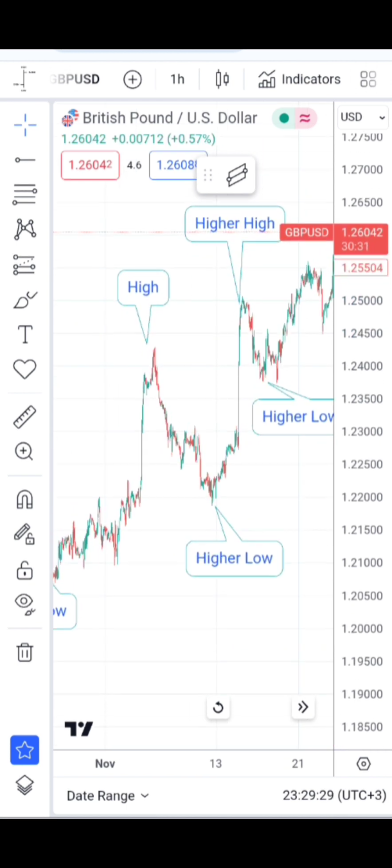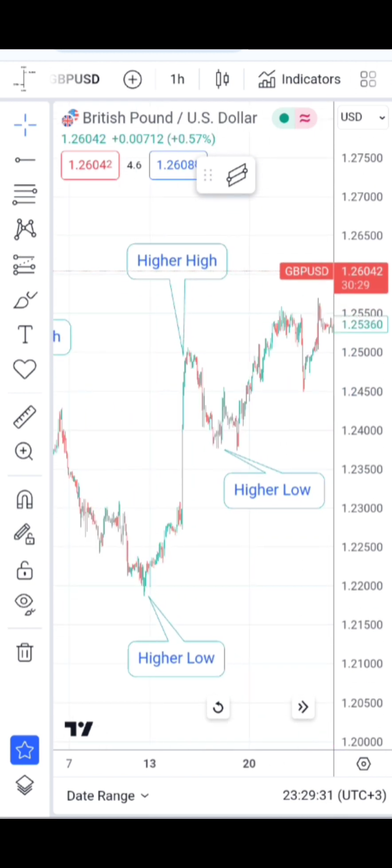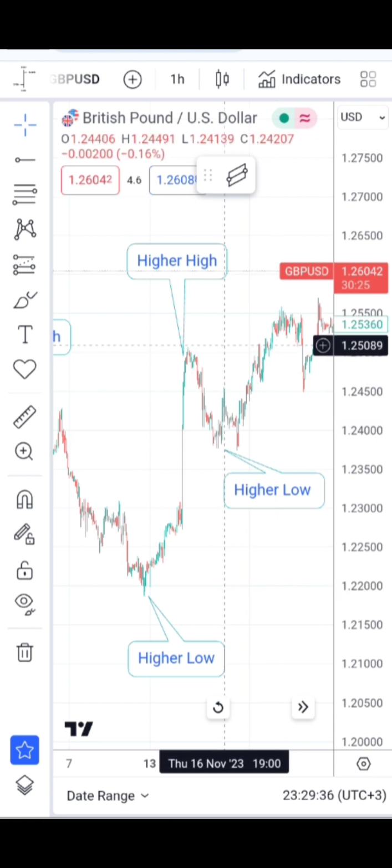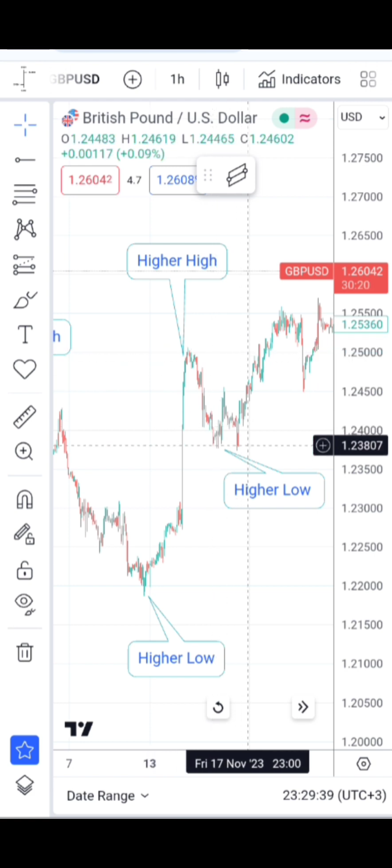So in this case, we say GBP/USD is bullish on the 1 hour time frame because of the new higher highs and higher lows. The market keeps on creating new highs, keeps on breaking new highs, but respecting the new lows that are formed.